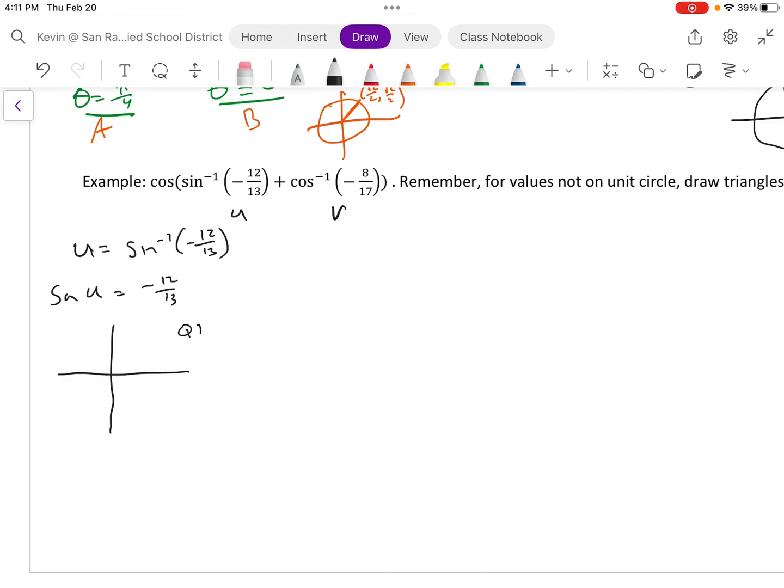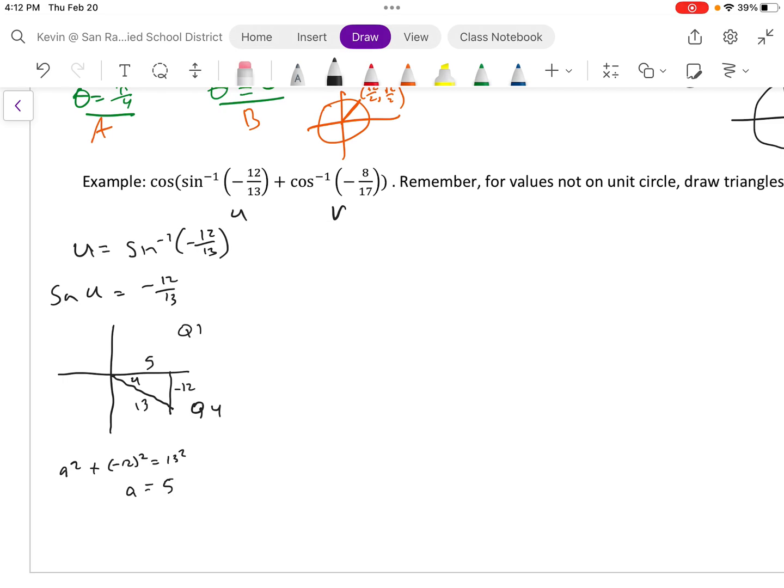Sine has to either be in Q1 or Q4. Since 12 is negative, this is negative 12, this is 13, therefore special right triangle, that's 5. If you don't know your special right triangles, you're going to have to do a squared plus negative 12 squared equals 13 squared. But if you memorize the right triangles, then you have no math to do.